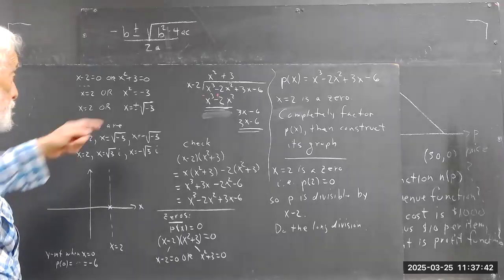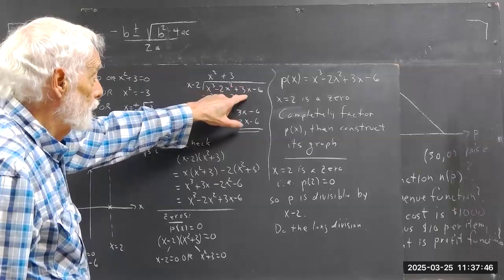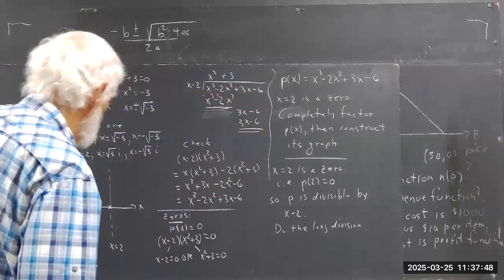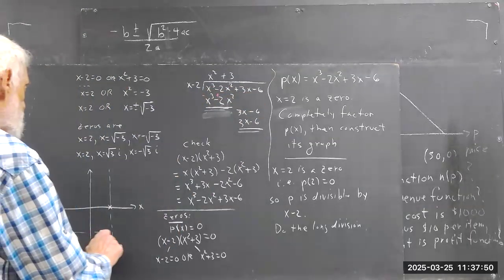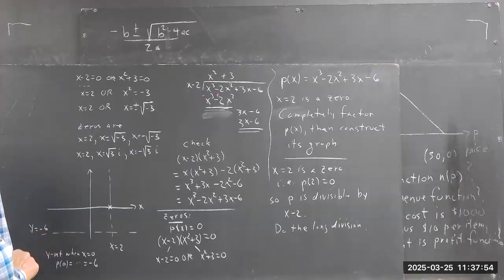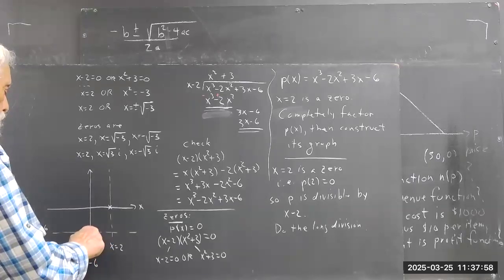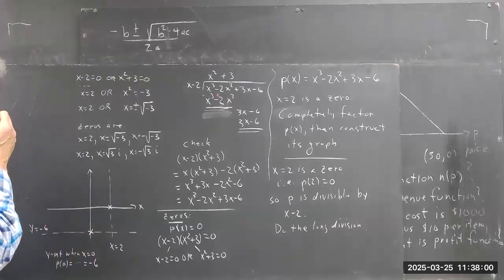P of 0 equals -6. This is 0, this is 0, this is 0. You're left with the -6. So we have a point on the line x equals 0, at y equals -6.